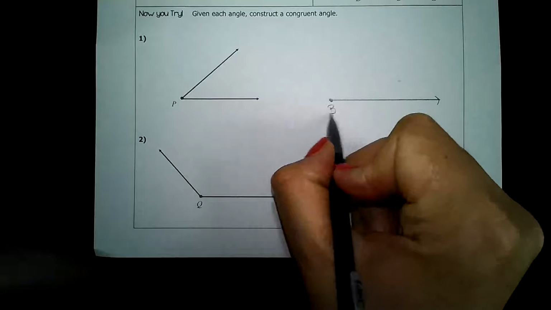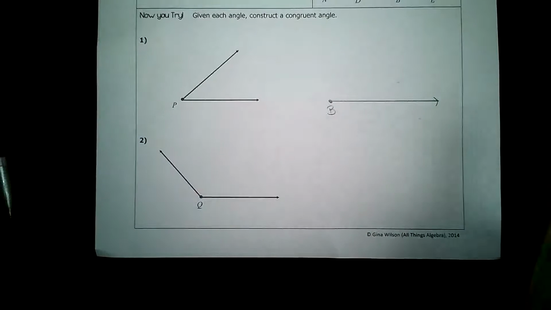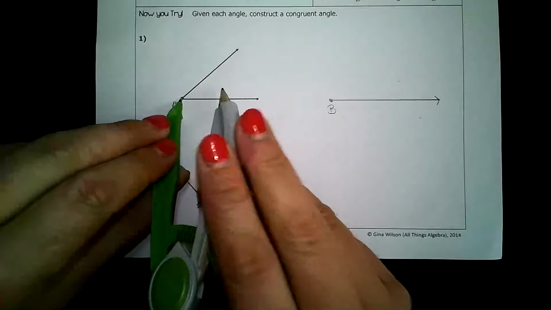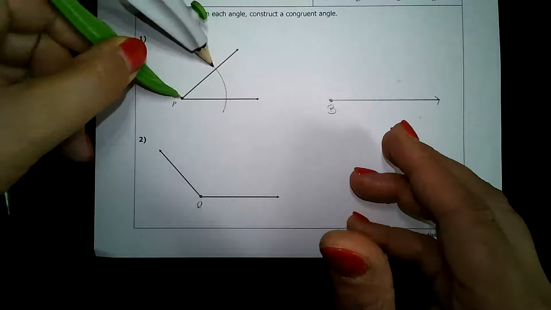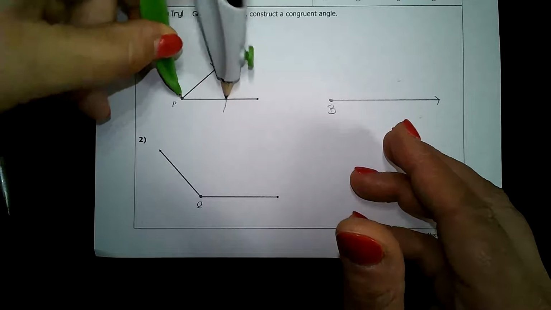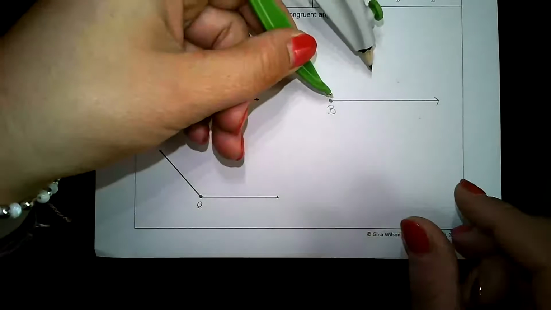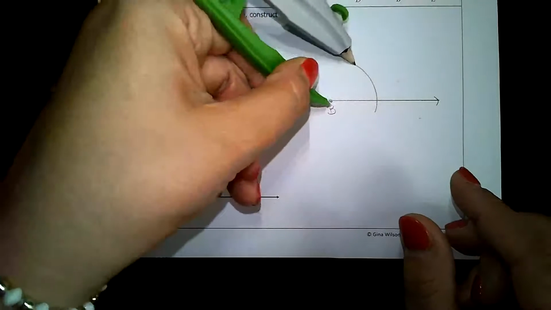Call this endpoint B. Then take your compass and make a setting so that it will cross over two sides of the original angle. Don't change that setting at all and bring it over to point B and make another really long arc.